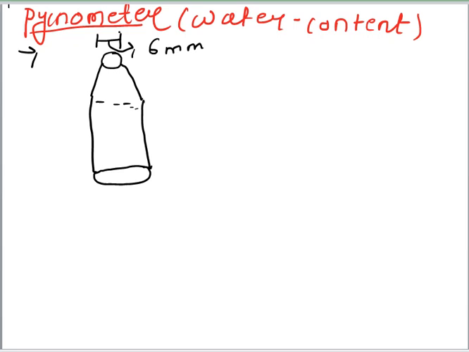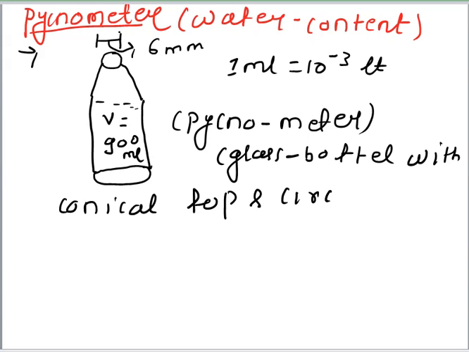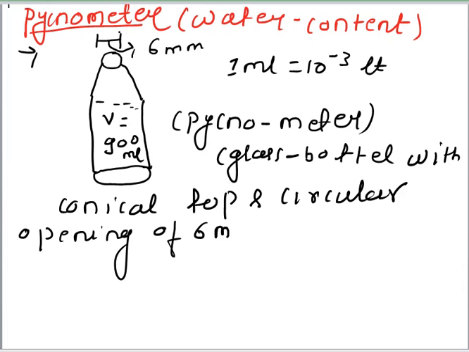It has a 6 mm opening, and the volume of the bottle is 900 milliliter. 1 ml equals 10 to the power minus 3 liter. So, a circular opening of 6 mm diameter.